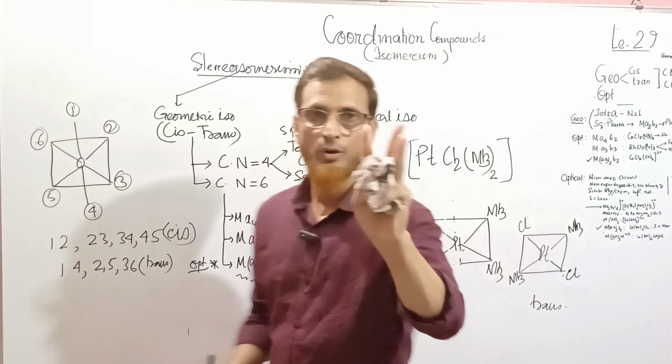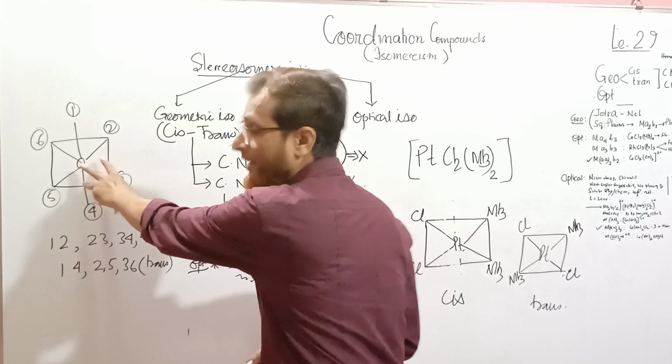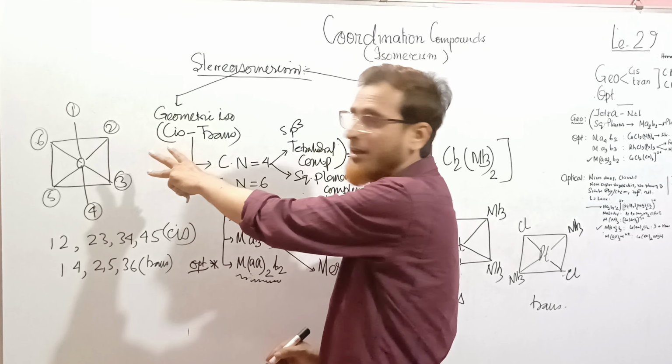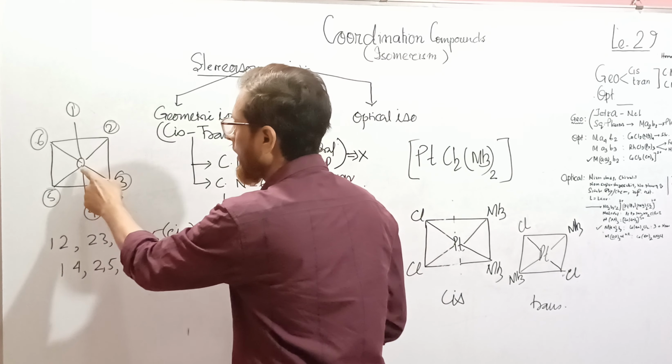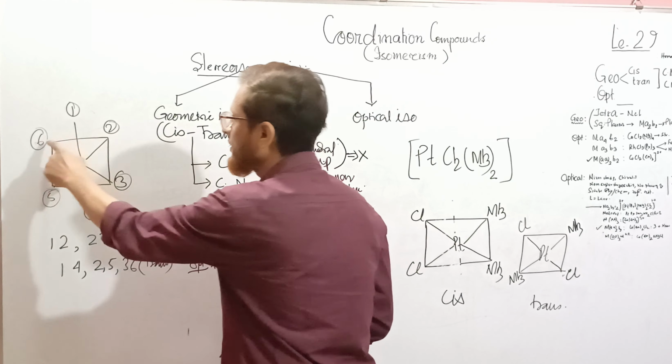I am just showing you the art of writing the cis structure. I have taken an example of an octahedral structure. Here is the central metal and these 6 are the ligands. Number the ligands 1, 2, 3, 4, 5, 6.